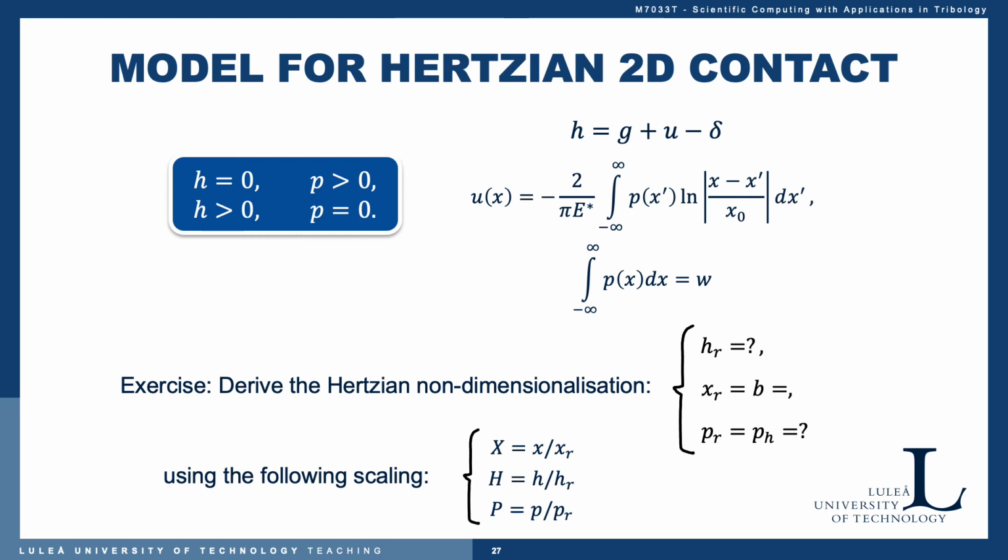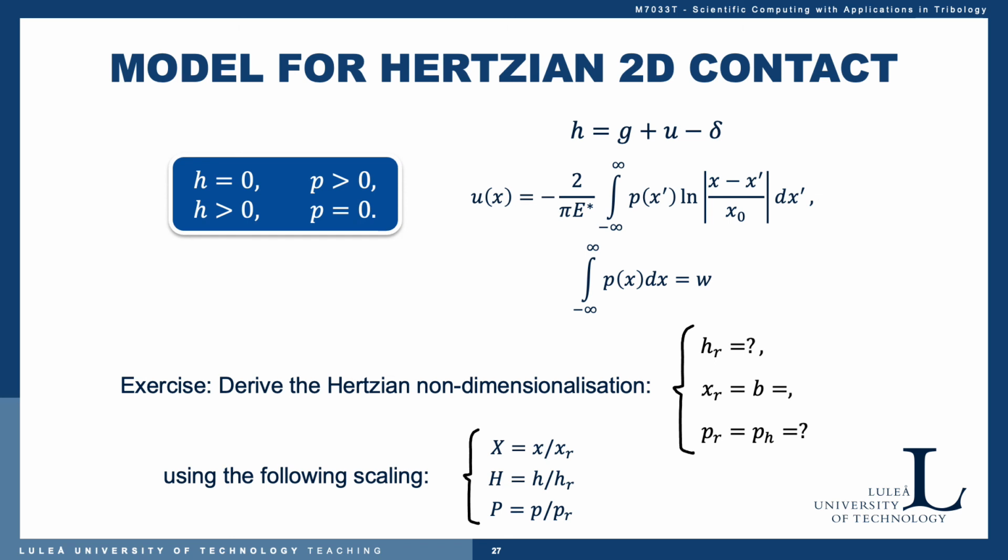So the model for the Hertzian 2D contact looks pretty much the same as for the 3D contact. What really differs is the expression for the deformation, which here involves the logarithm of the distance between the point where the point load acts, or where the pressure at a certain point acts, and the point where we evaluate the deformation.